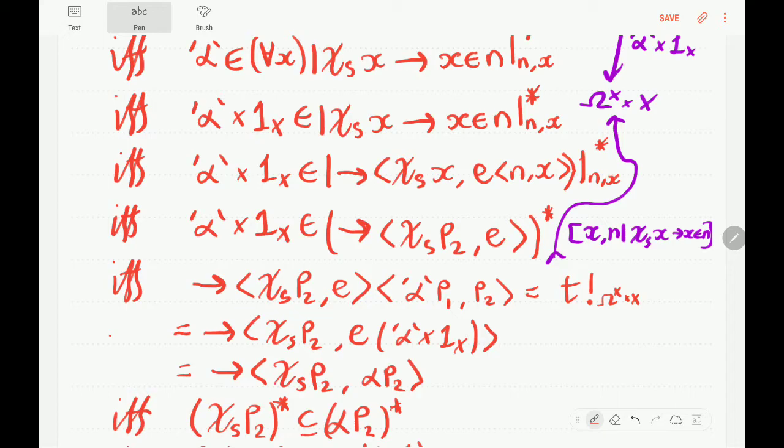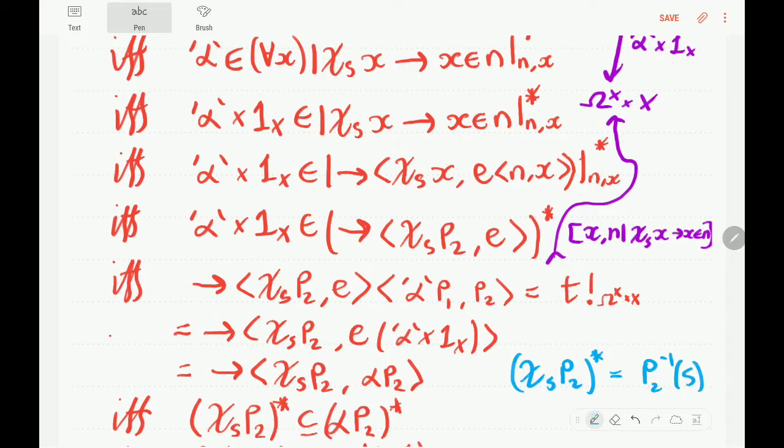And now another result, which we've already kind of come across, is that the subobject classified by chi-s after p2 is equal to the pullback of s along p2.